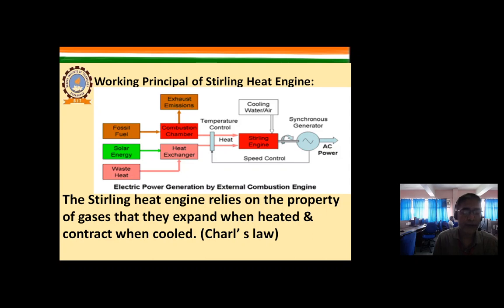A loose fitting piston known as a displacer moves back and forth inside the cylinder, thus shuttling the gas from one end to the other. As the displacer moves, the gas leaks around the gap between the displacer and the cylinder wall.